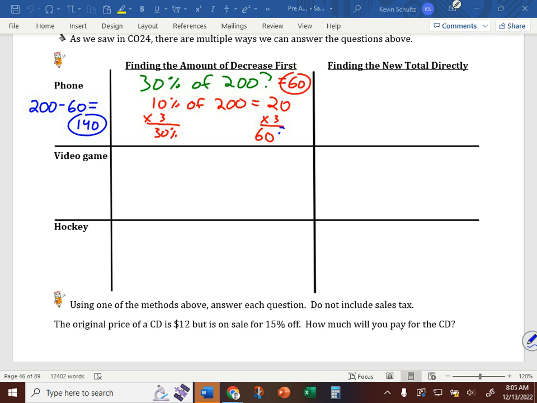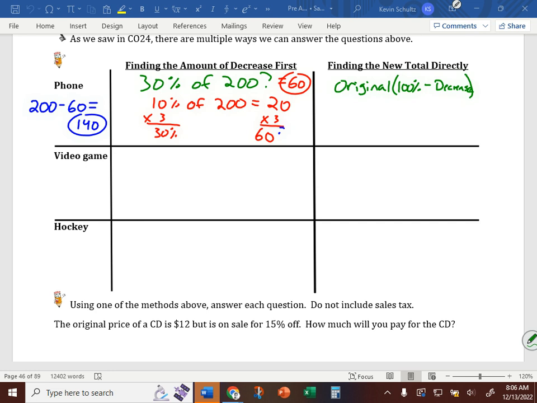Okay? Finding the new total directly. Again, we have a formula. It starts the same way as the amount of the increase did, except what do you think we're going to do in our parentheses? Remember, for an increase, we added the increase. So for a decrease, we're going to subtract. The original times 100% minus the decrease.